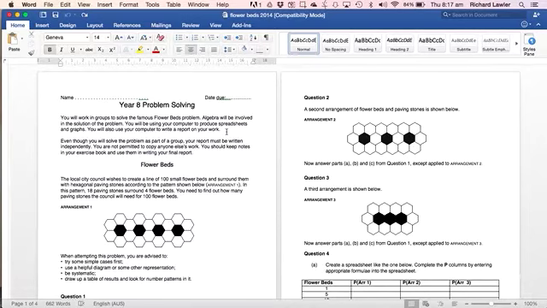But if all else fails, do exercise 9C from your textbook, and that should take the rest of the lesson if necessary, I think. Failing that, if you finished exercise 9C, then I think there's an enrichment activity at the end of exercise 9C that you can have a go at.